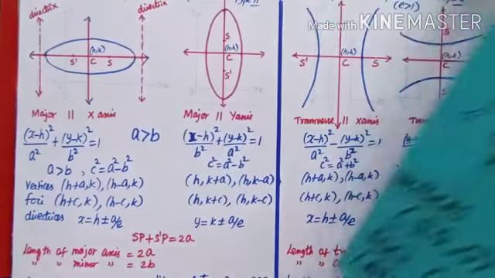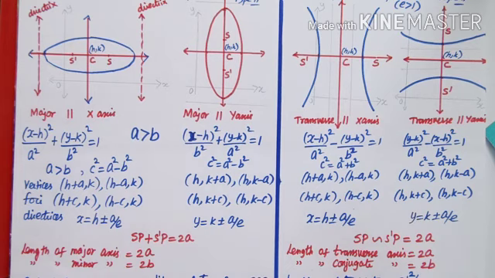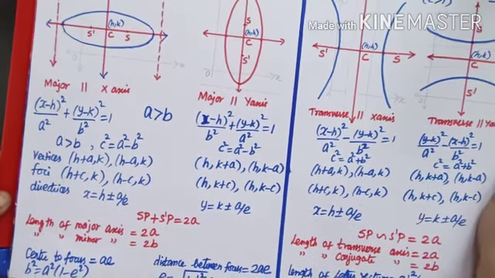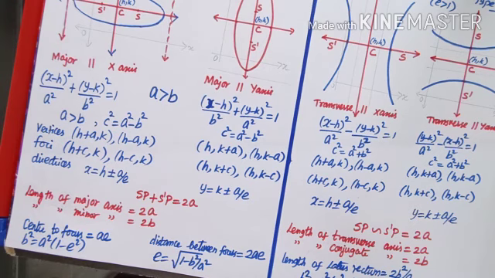So all these things we have written as a formula to apply in objective type questions. Length of major axis 2a, length of minor axis 2b, and center to focus, the distance is AE, and b square equals a square into 1 minus e square.